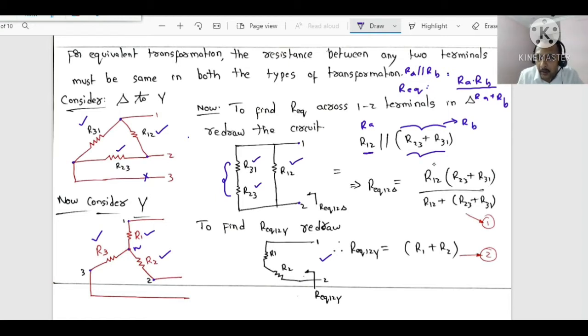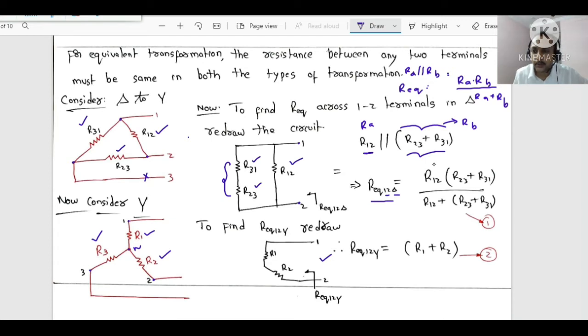That is what we have done here. R equivalent between 1 and 2, in which connection? Delta connection. So R equivalent between 1 and 2 in delta is given by R12 into (R23 plus R31) whole divided by total resistance R12 plus (R23 plus R31).